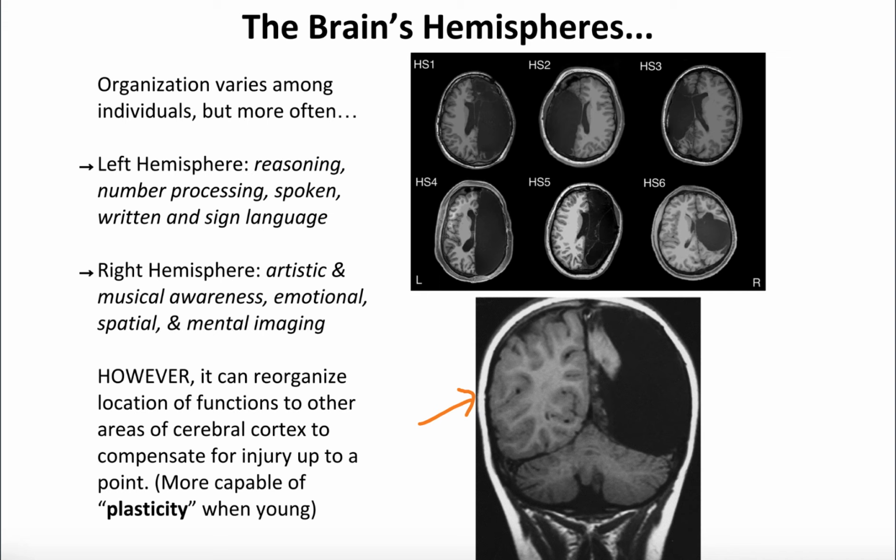You would think she would lose a huge amount of her processing ability, but in fact, most of her motor function and intellect remains intact, with just some weakness on the side that is lost.